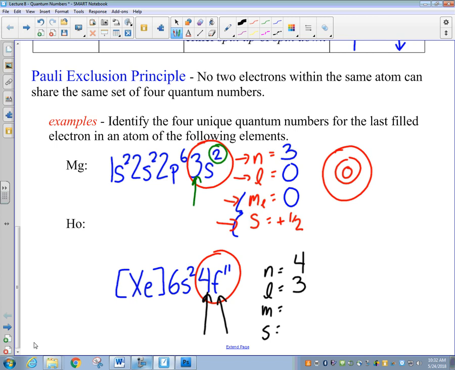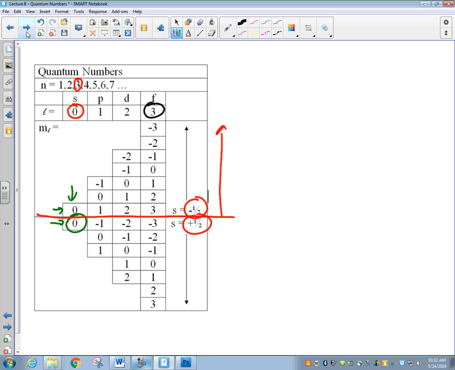And then again, we're going to determine the orientation in space and the spin simultaneously. We are the 11th electron in this 4f orbital. So again, looking at your diagrams here, we're going to count down now, starting from the top of the f orbital here, going 1, 2, 3, 4, 5, 6, 7, 8, 9, 10, 11.